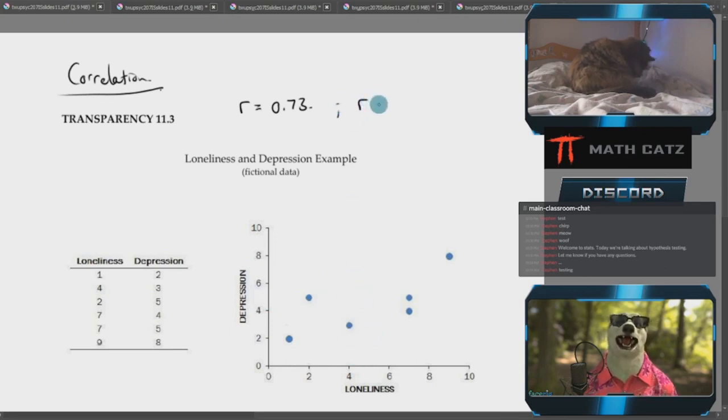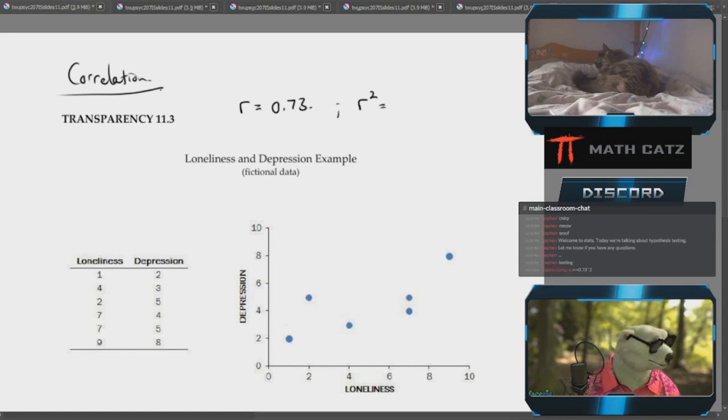If I calculate R squared, let's quickly do that. So it's 0.73 squared. We get 0.5329.